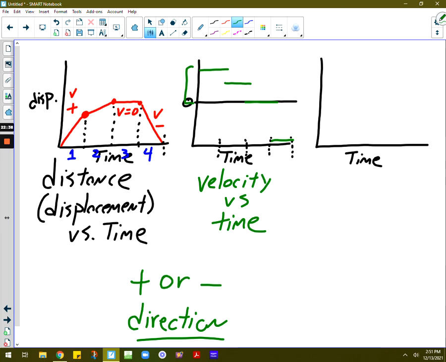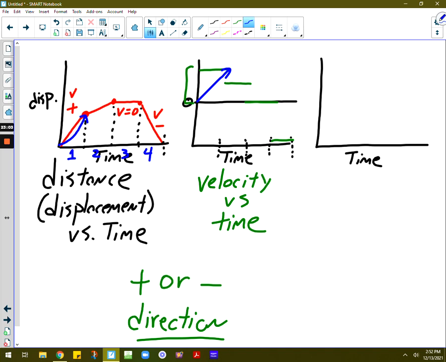Now, most things don't do instant speed changes, right? So what you'd probably more likely be looking at is something more like a curve happening here. And if there was a curve happening here, that means it's constantly accelerating. Then you would see something more like that in your velocity.